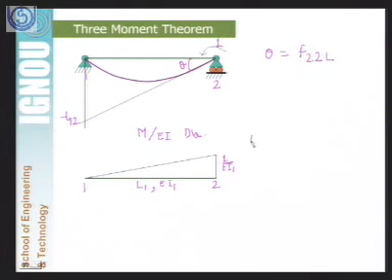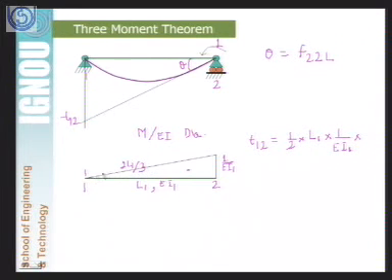So what will be the value of T12? That will be equal to the area of this triangle, half multiplied by L1 multiplied by 1 by EI1, multiplied by the centroid of this triangle from node 1, and that will be equal to 2L1 by 3.